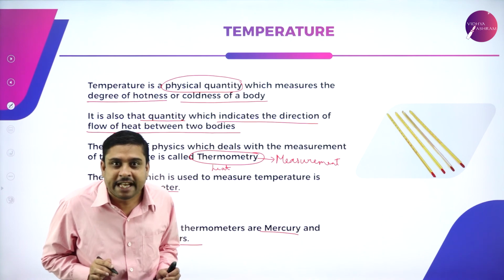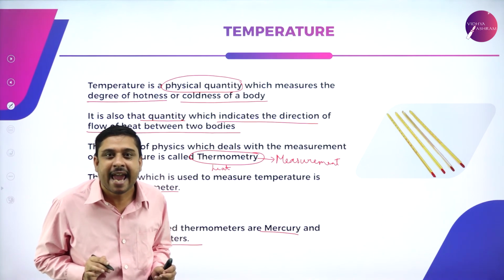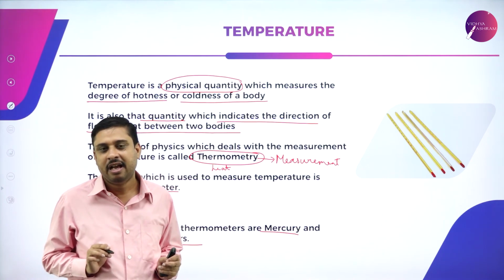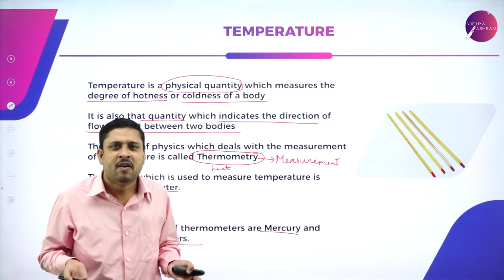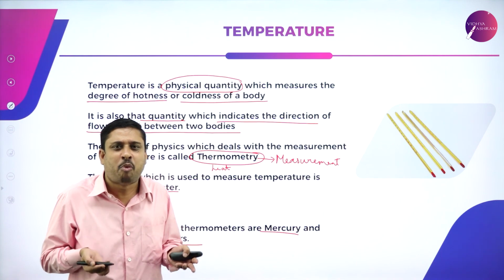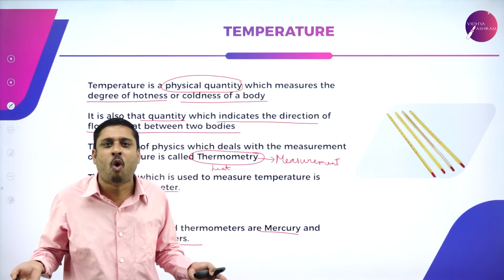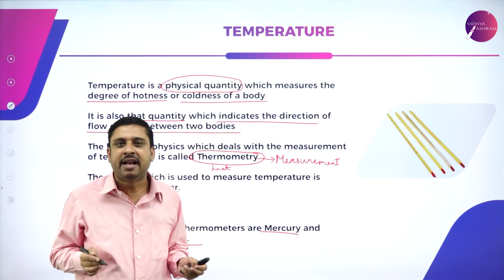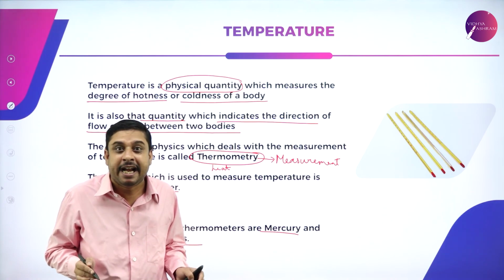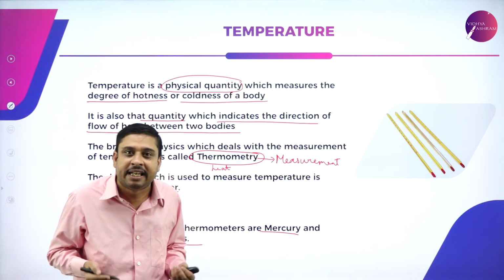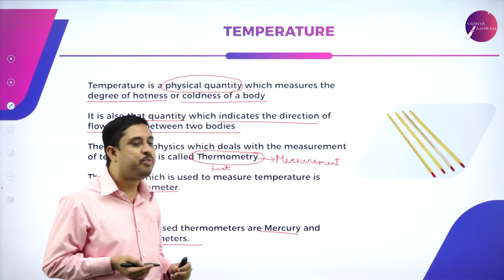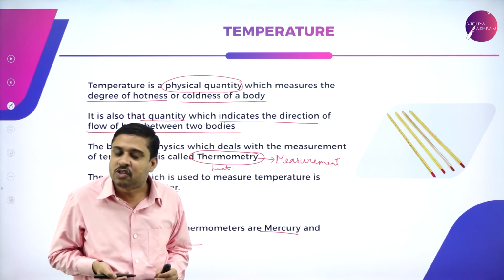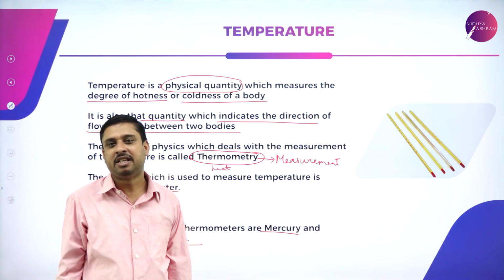Both bodies should reach the same temperature. And what was temperature? A quantity which decided whether a body is hot or cold, and in which direction heat has to flow. And how do I measure temperature? Using a device called a thermometer.